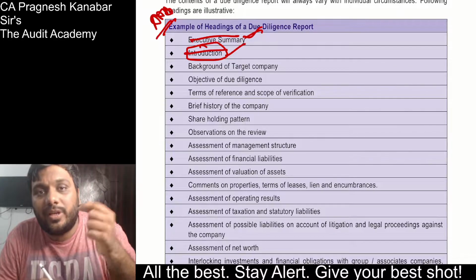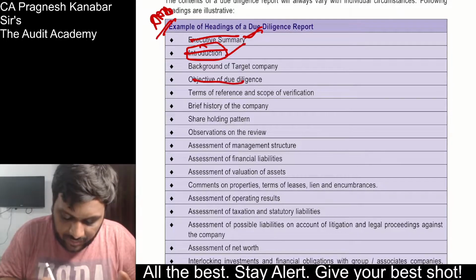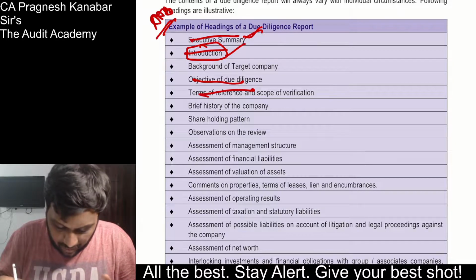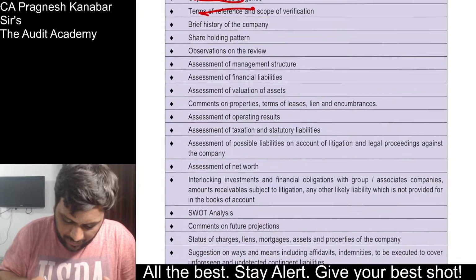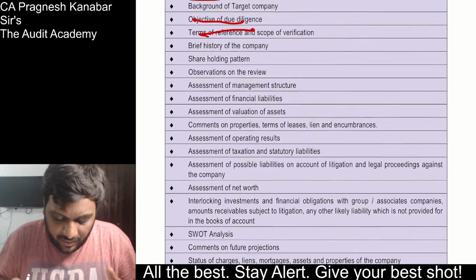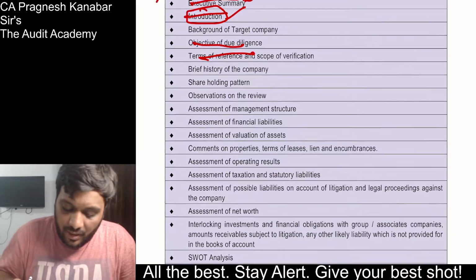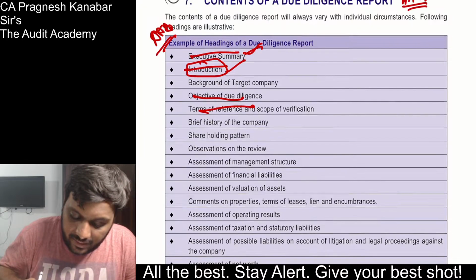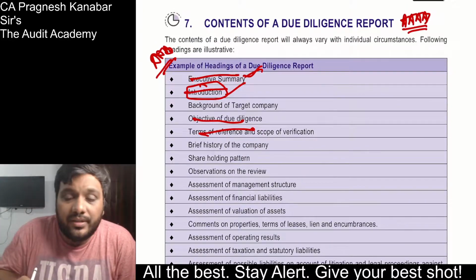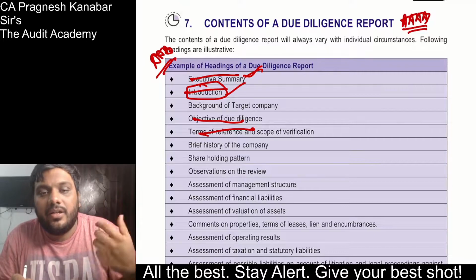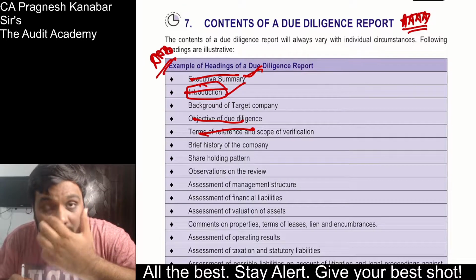Every report needs to explain what was the purpose of that assignment, objective, then what is our scope, and stuff. All right, then every report will obviously have the recommendations, the conclusions. But why is this particular answer a little different? Because you will see that this actually looks like contents of a due diligence report. Now you will normally be appointed by the buyer to understand whether the company needs to be bought or not.